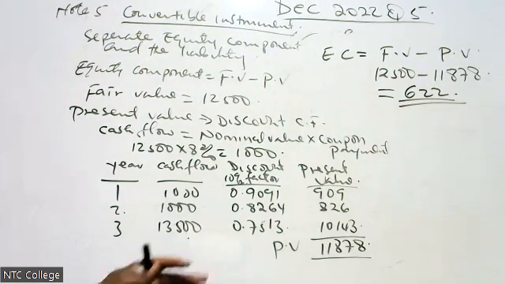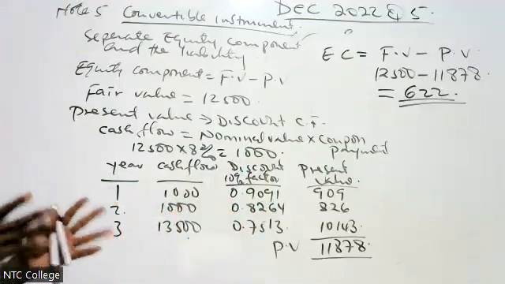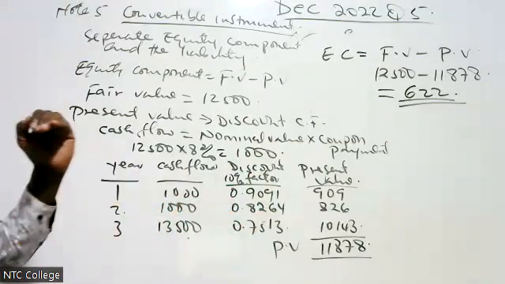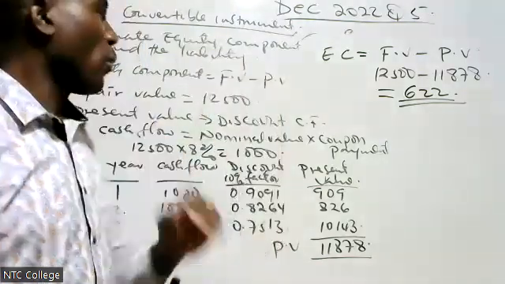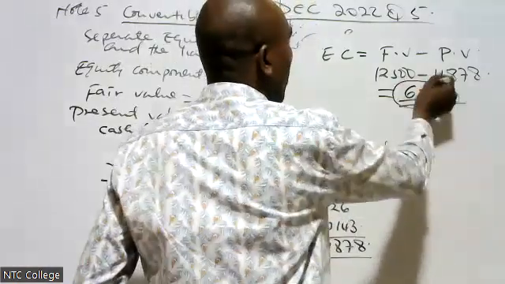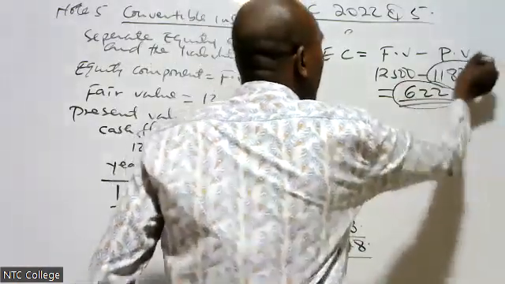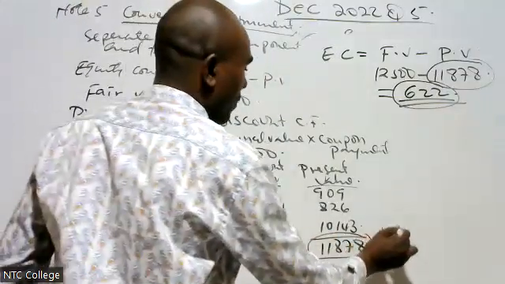Okay, according to note number 5, we have accounted for the convertible bond. We have separated the equity component and the liability. Now, this present value is our liability.